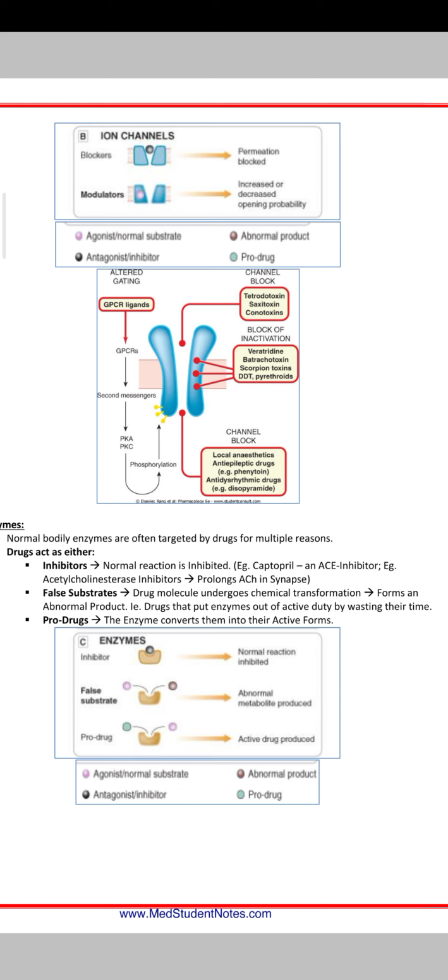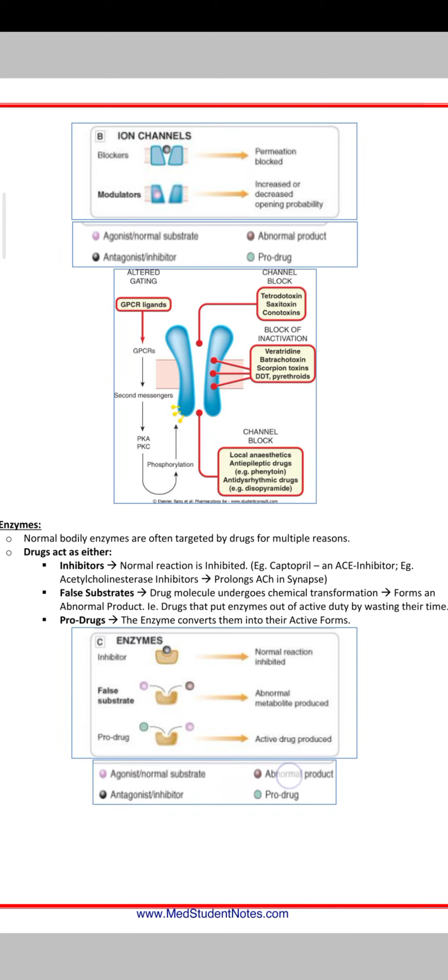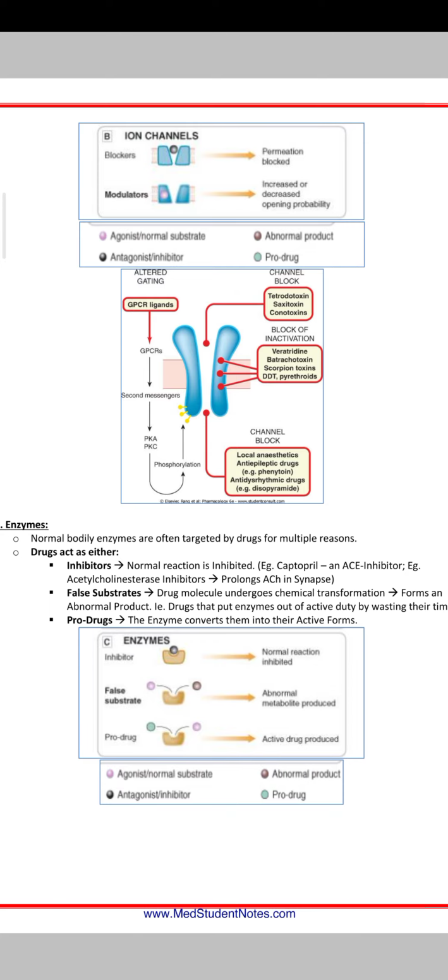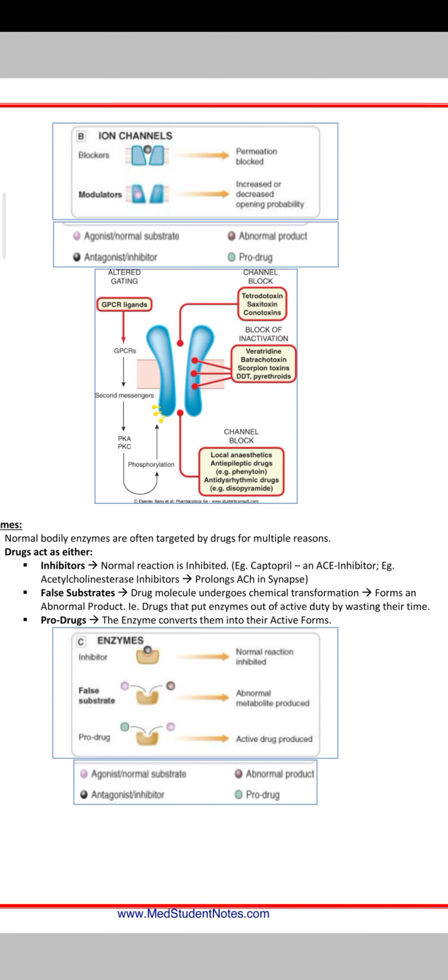Example, captopril inhibits ACE, and acetylcholinesterase inhibitors prolong ACh in the synapse. Next is false substrates, where the drug molecule undergoes chemical transformation and forms an abnormal product. These are drugs that put the enzyme out of active duty by wasting its time.